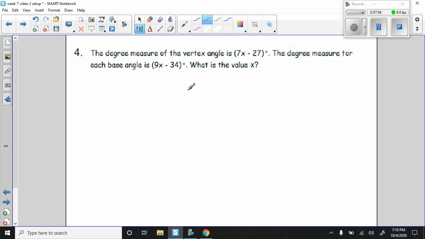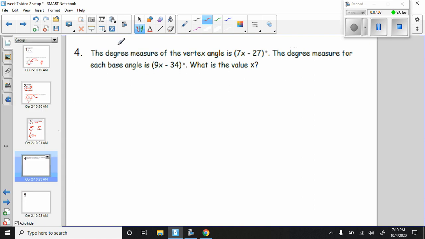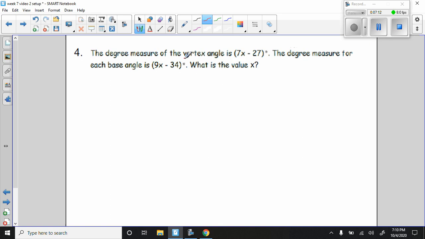Okay, so a word problem would be: the degree measure of the vertex angle is 7x minus 27. So the vertex angle is that one that's by itself. The degree measure of each base angle is 9x minus 34. There's two of those. What's the value of x? So these are inside angles of a triangle, and they add up to 180.